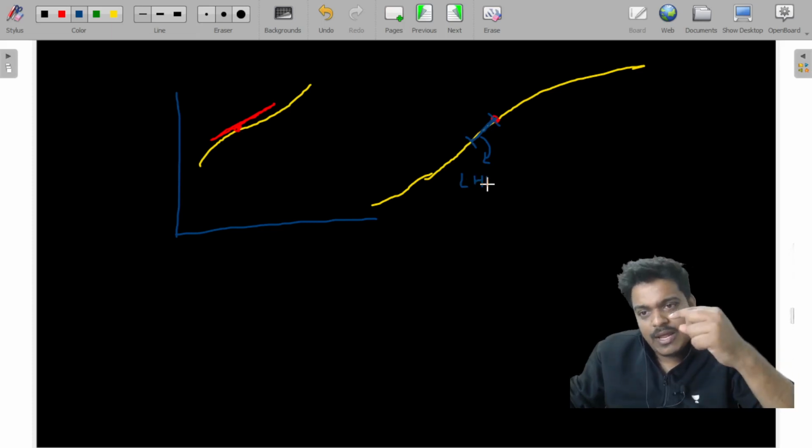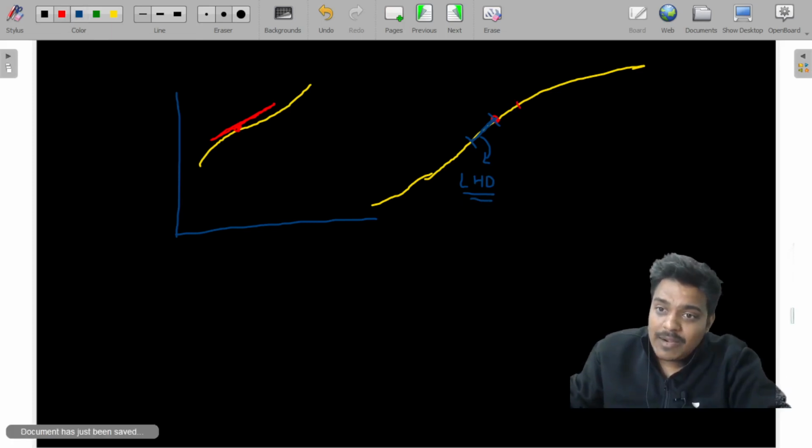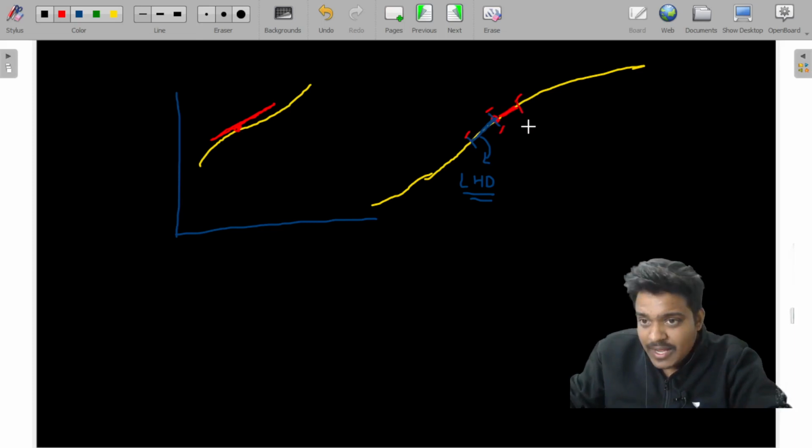So this is your left hand derivative. Similarly, you will take a right hand point, this will be your y2, this will be your y1, but in the previous case this is your y2, this is your y1. Is it clear? So this is nothing but the right hand derivative.